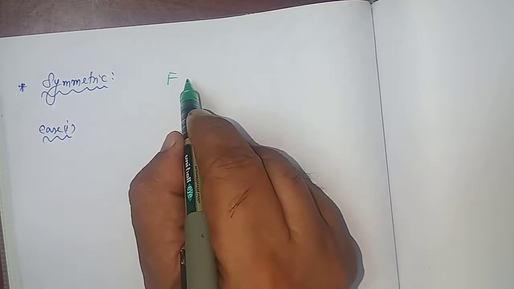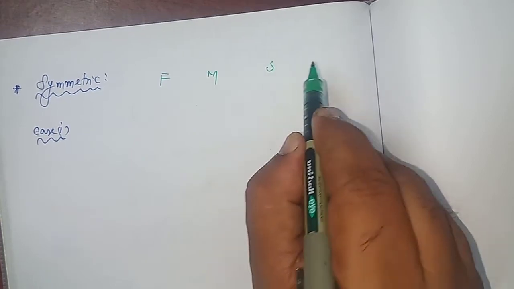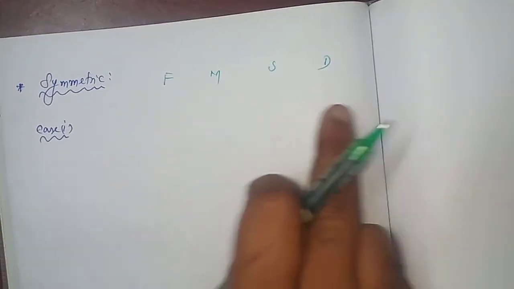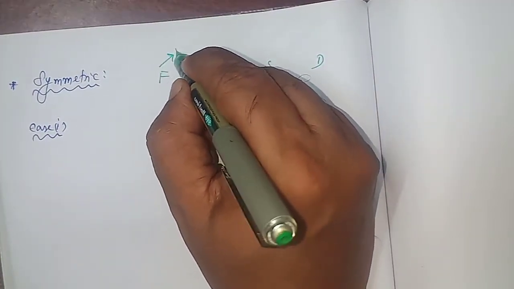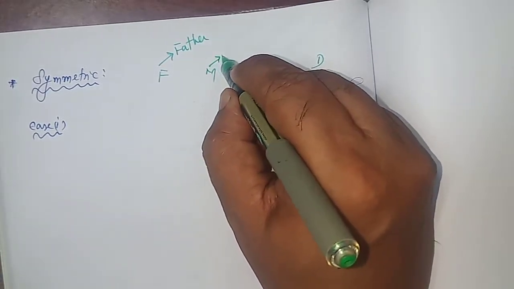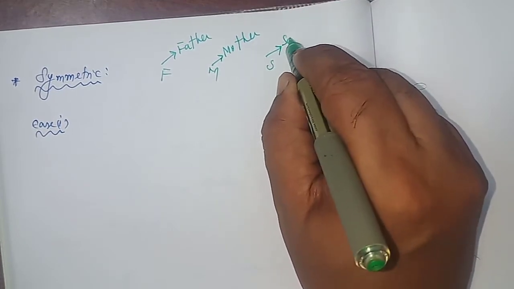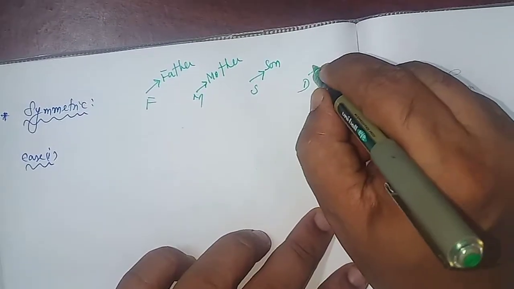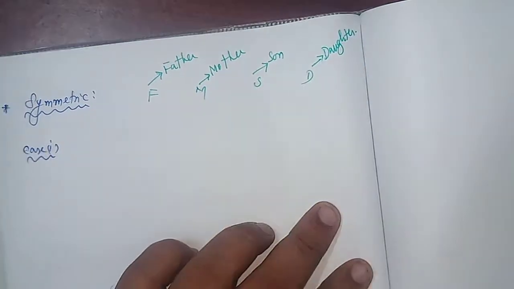Father, mother, son and daughter. Even in exam you can try this one. F refers to father, M mother, S son, and this one represents D daughter.